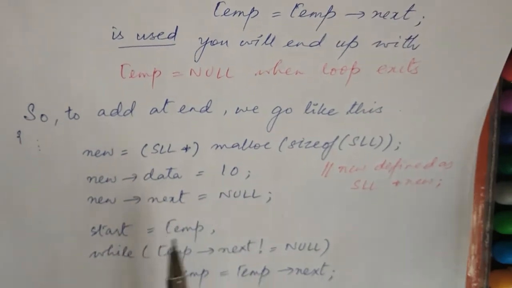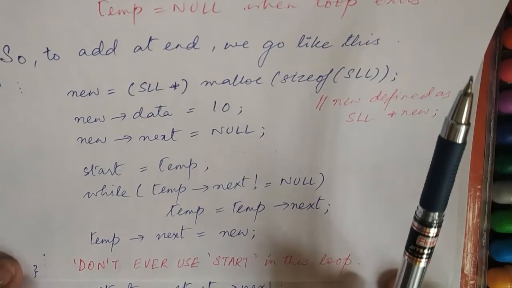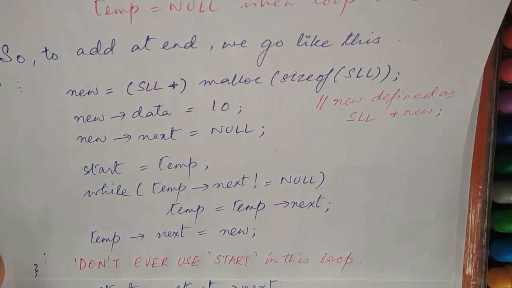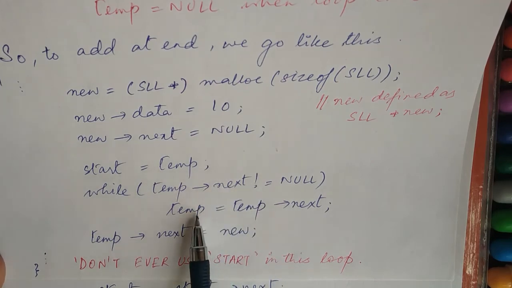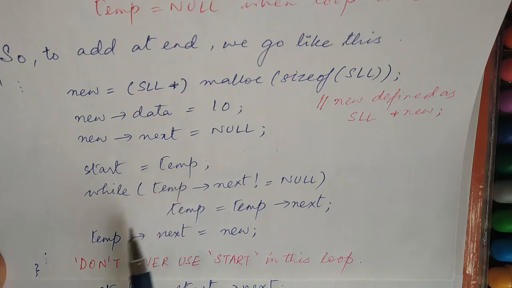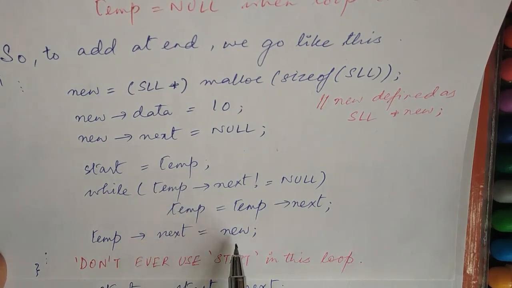Temp is equal to start, and we use this loop. Once we exit this loop, this is the first loop that I showed you. So this loop has 3000. In the next field of 3000, I'm putting in this address of the newly created node.